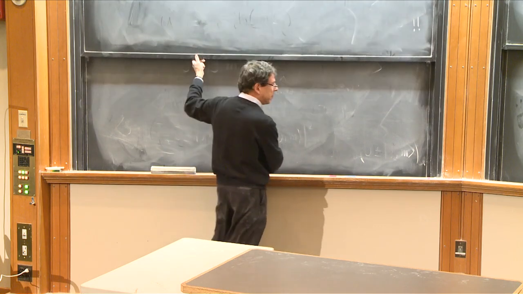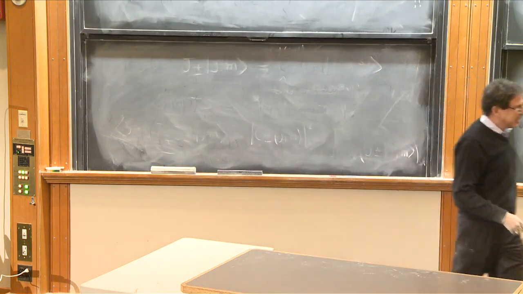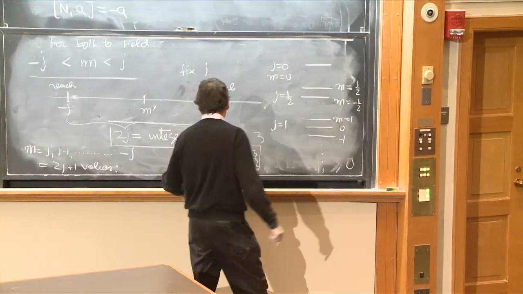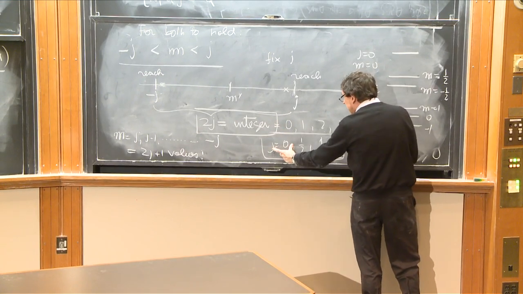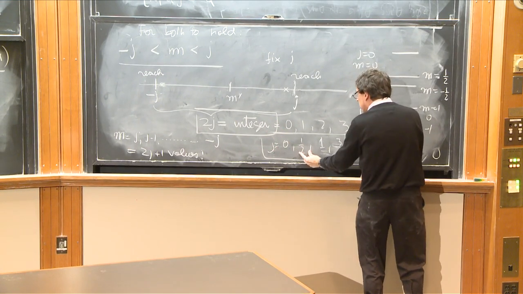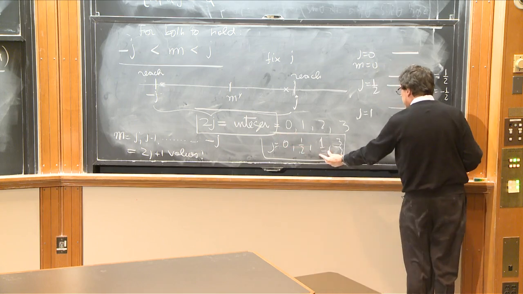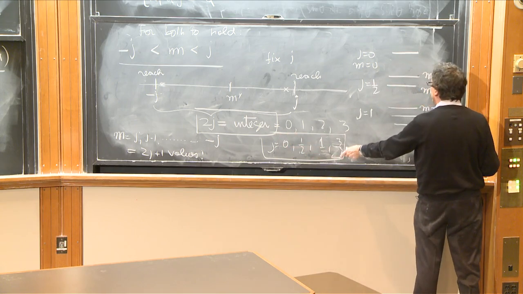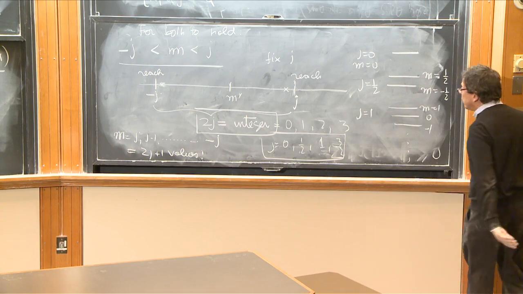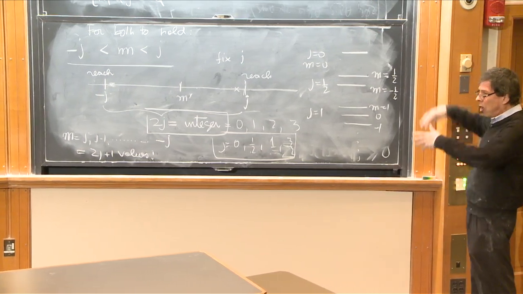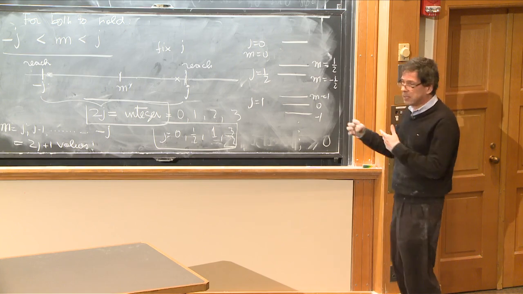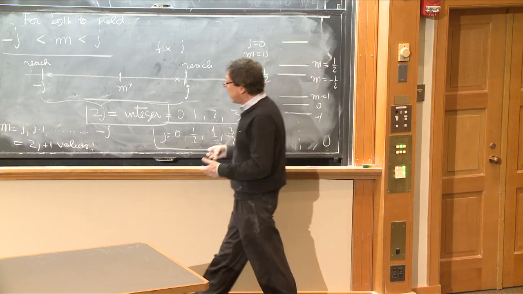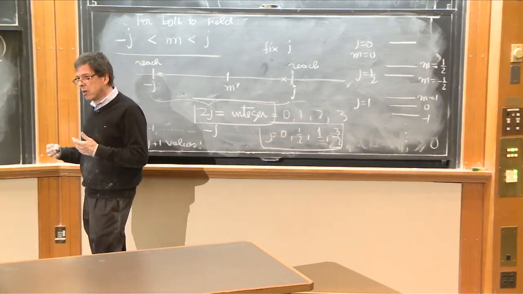And what's sort of the punchline here is that the vector space was infinite dimensional, and it breaks down into states with j equals 0, states with j equal 1/2, states with j equal 1, states with j equal 3/2. All these things are possibilities. They can all be present in your vector space. Maybe some are present, some are not.